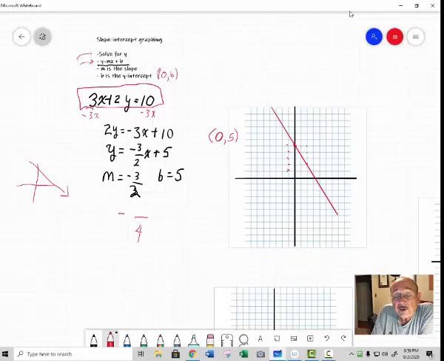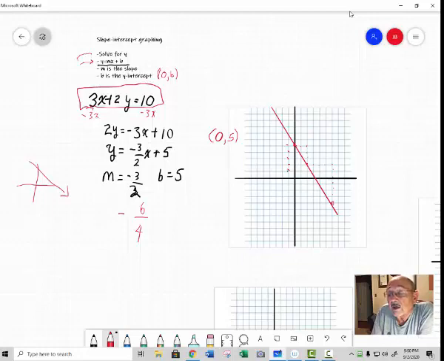Now that's equivalent to 3/2. So from here, if I go over 1, 2, 3, 4 and down 1, 2, 3, 4, 5, 6, this point is on my line.